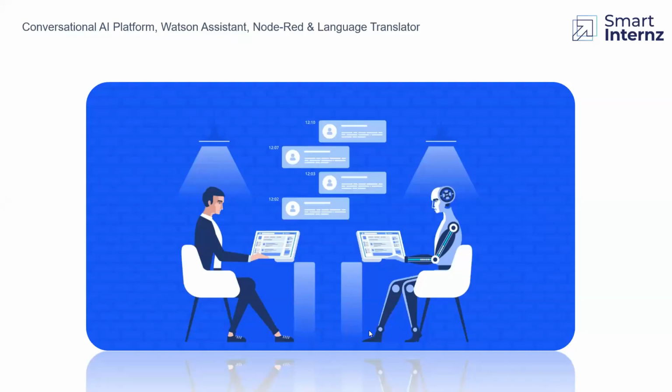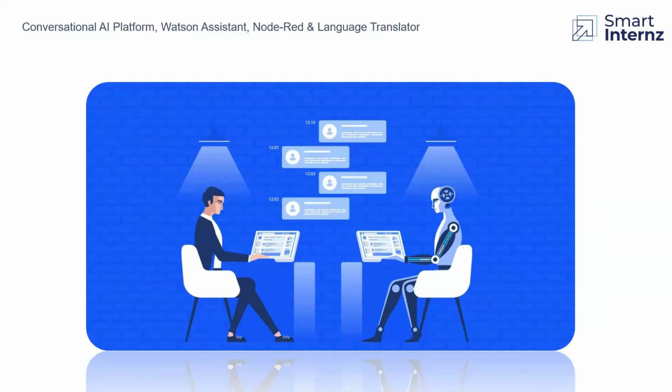Okay, fine. So today we are in the last day of the cohort 1, that is day number 6, where we are going to learn about the chatbot, conversational AI platform, using the Watson Assistant service, Node-RED, and the language translator. Today we need to firstly understand the agenda.